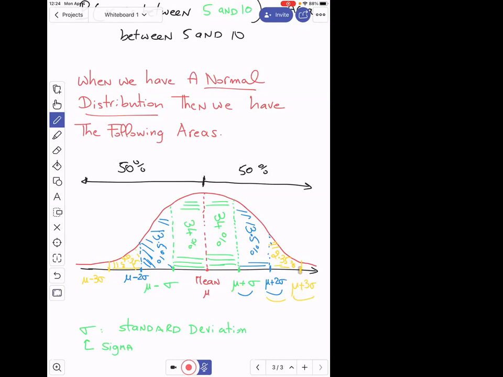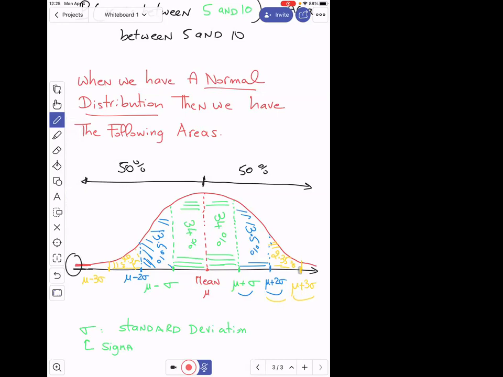And one more thing, guys, you need to keep in mind that the graph doesn't intersect the x-axis. There's no intersection here, right? So the graph is going to get as close as you want to the x-axis, but it doesn't intersect. There's no intersection between the graph and the horizontal axis, right?